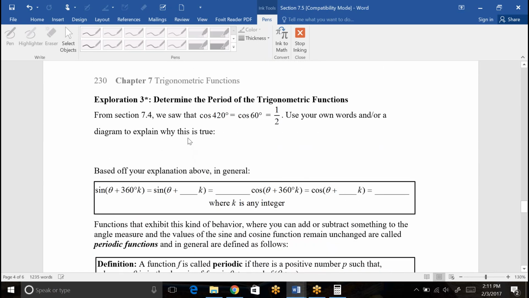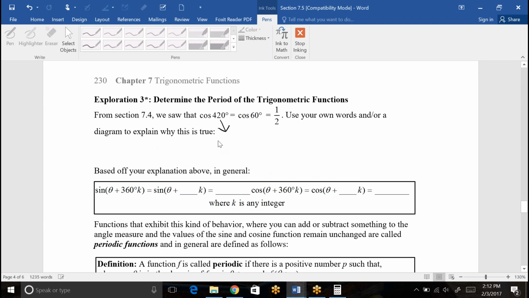Okay, so now we want to determine the period of a trigonometric function. From section 7.4, we saw that cosine of 420 degrees was cosine of 60 degrees, and that was still equal to 1/2. It says use your own words or a diagram to explain why this is true. Well, remember what we did here?